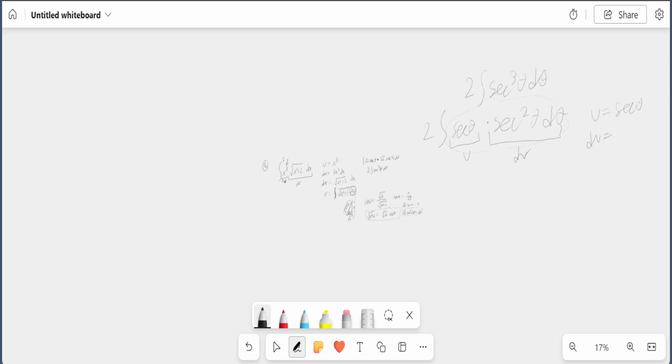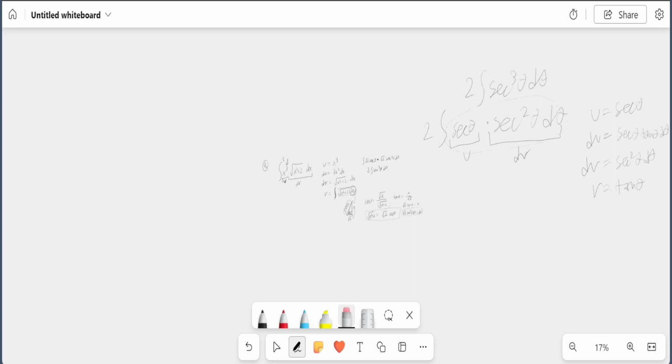And so you'll see why I'm talking about trig identities. So du is secant theta tangent theta d theta, and then dv is equal to secant squared theta d theta, v is equal to tangent theta, right?